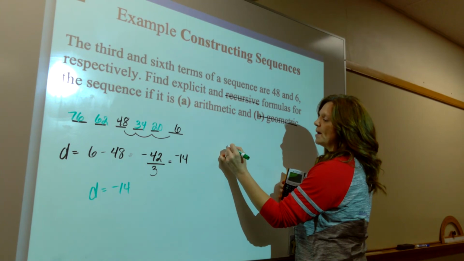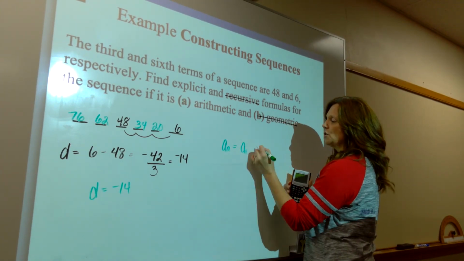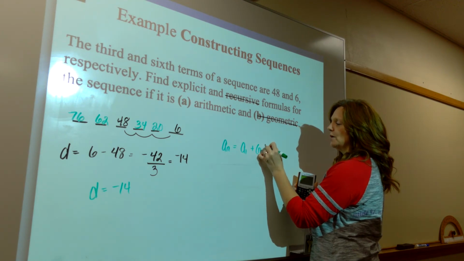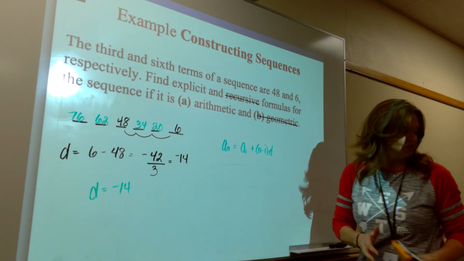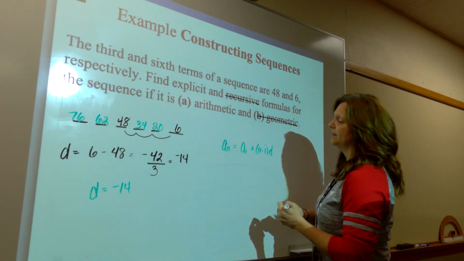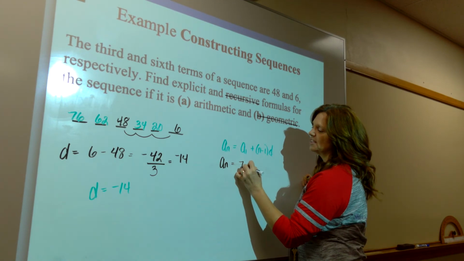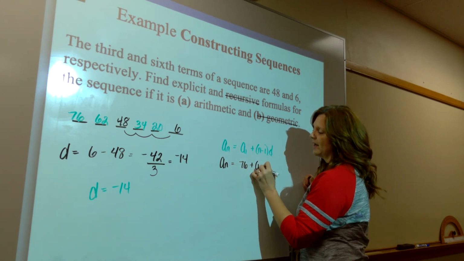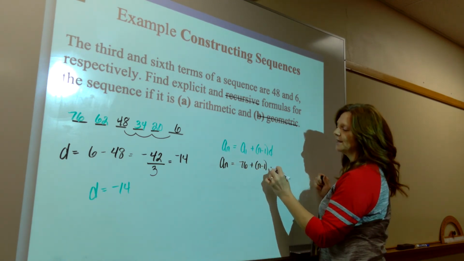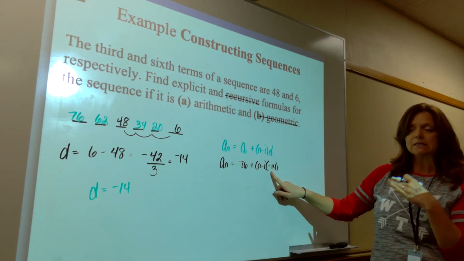Again, this is arithmetic, so a sub n is equal to first term plus n minus 1 times that common difference. As we substitute in, we've got all that info now. So a sub n is equal to 76 plus n minus 1 times a negative 14. Just be careful here. This is a negative 14.